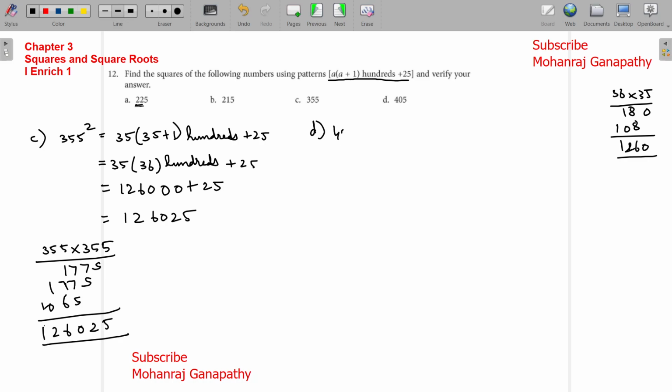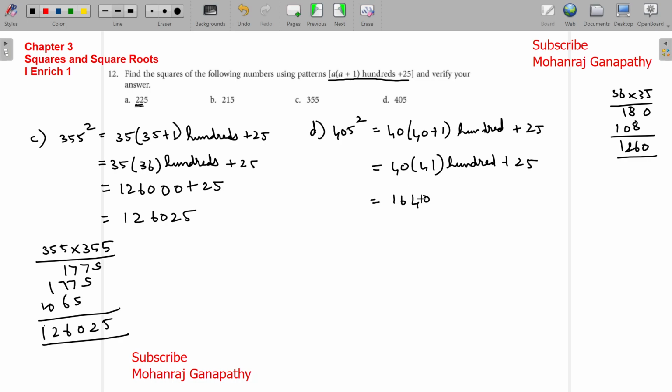D. 405 square is equal to 40 into 40 plus 1 hundreds plus 25, which is equal to 40 into 41 hundreds plus 25. 1640, 2 zeros in front since it is mentioned as 100, plus 25, which is equal to 164025.